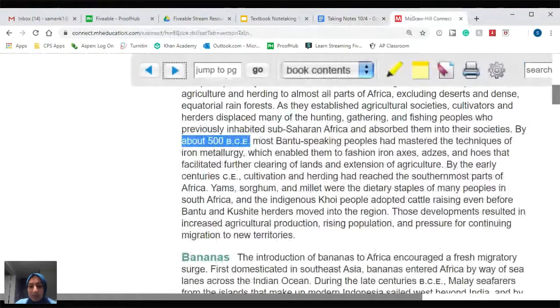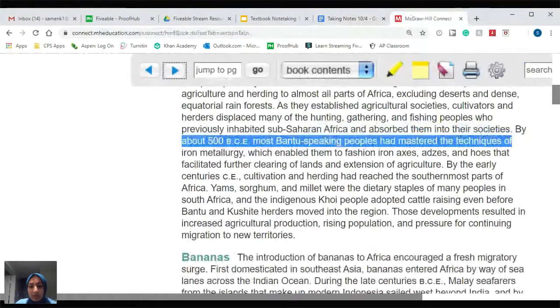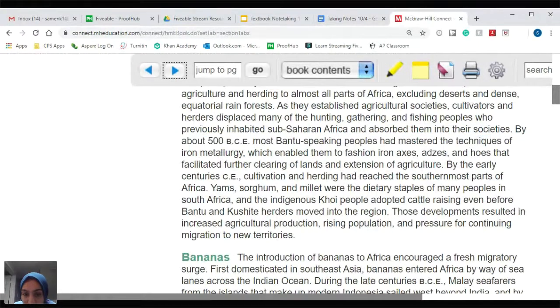By about 500 BCE, most Bantu-speaking people had mastered the techniques of iron metallurgy. So I think this is a really important aspect of the Bantu people. So I'm going to put that down because iron metallurgy wasn't that common then, and the Bantu people started mastering that.